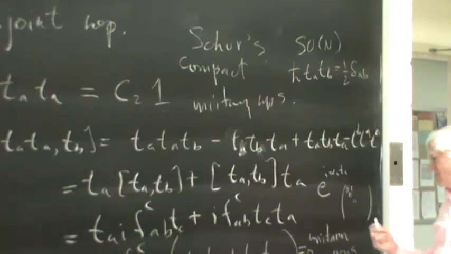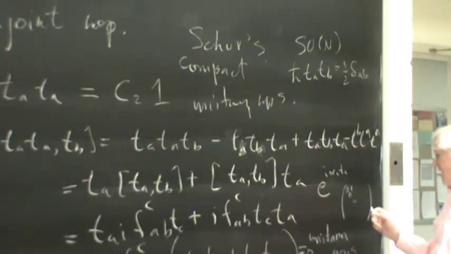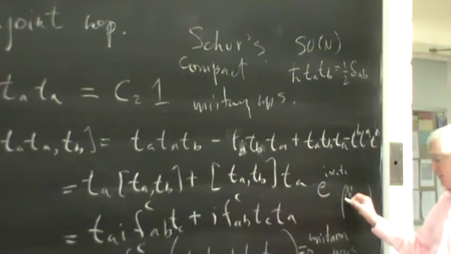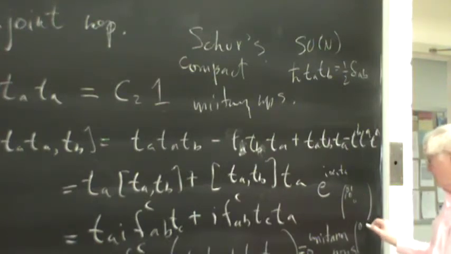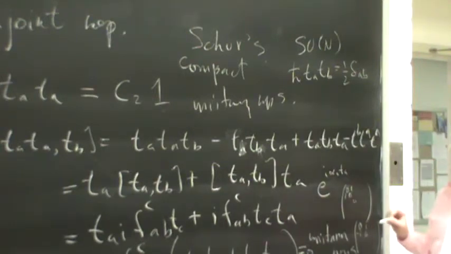If you make them Hermitian, on the diagonal you can just do what I did. But if you're off diagonal, you have two possibilities. You can have 1, 1, or you can have 0, i, minus i, 0. So you actually have two.